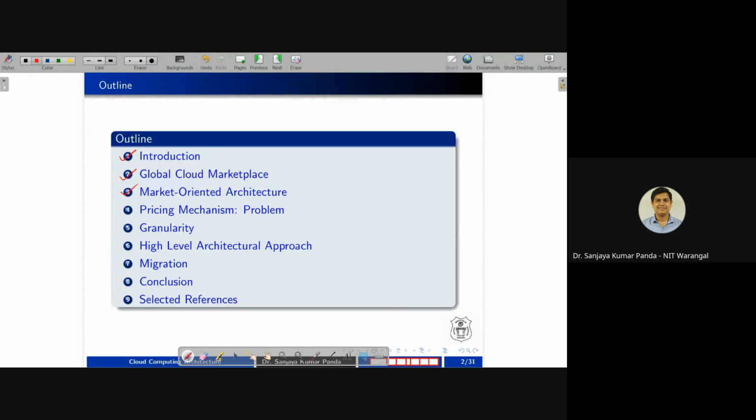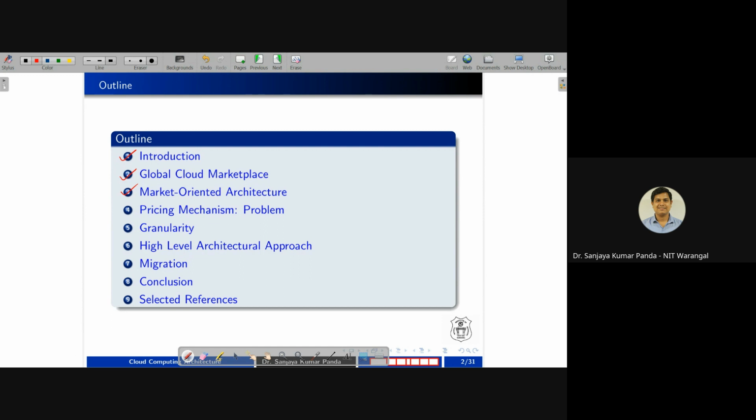In the market-oriented architecture, one of the components is called pricing. You know that the pricing of a cloud service varies with respect to time. For example, in the daytime the price is more in comparison to the night time. So that is one type of pricing.